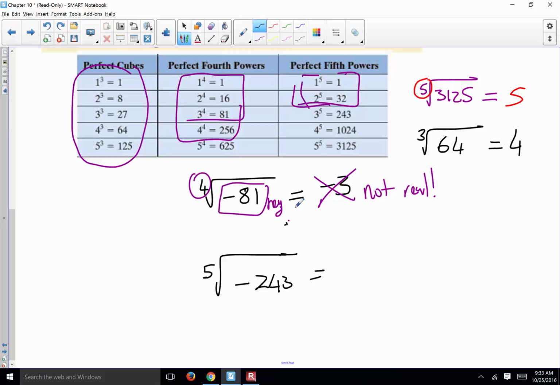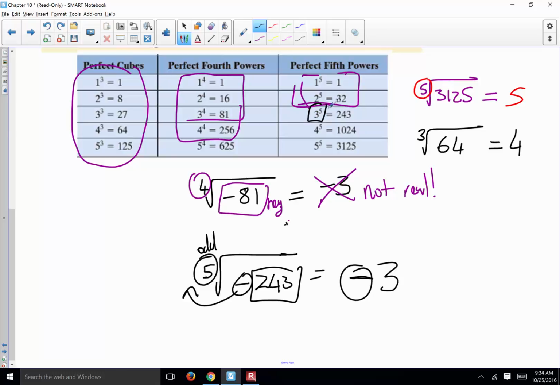Are you sure it's not a real number? Yeah, this time it's negative 3, because this is an odd index. You don't have to worry about a negative inside. Odd indexes just let the negative come out here, and then you compute the 5th root of 243 from the table. The number that multiplies itself 5 times to 243 is 3. Okay?